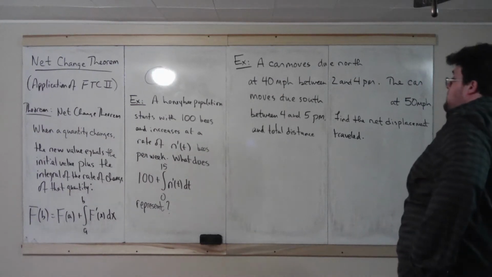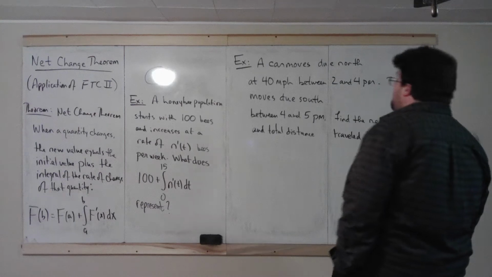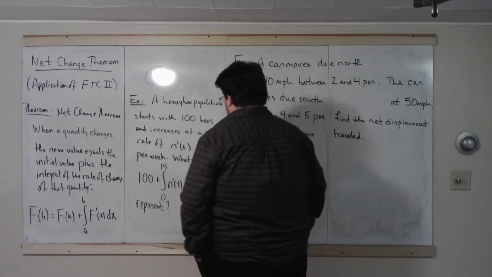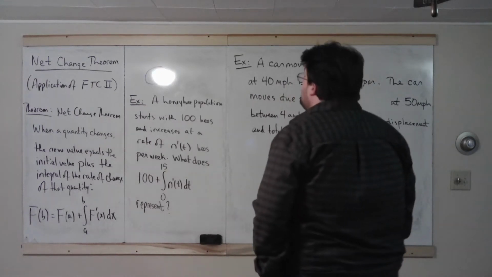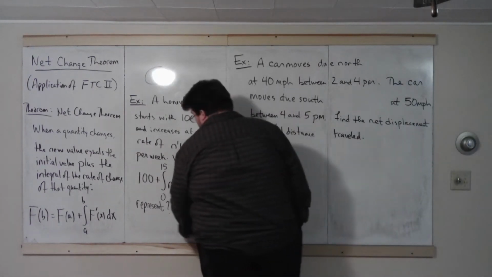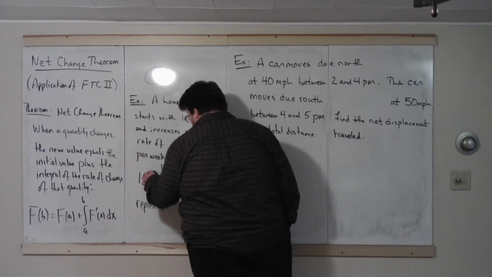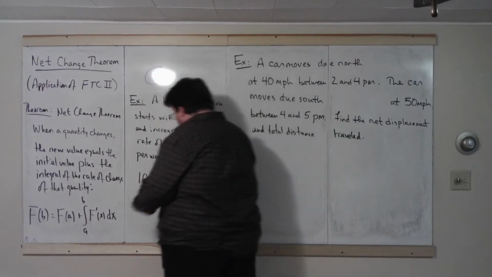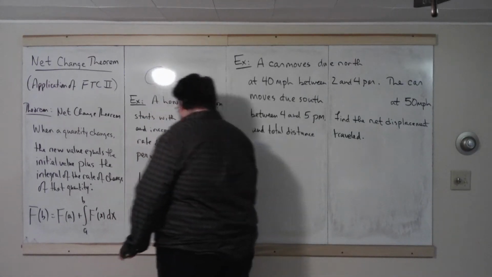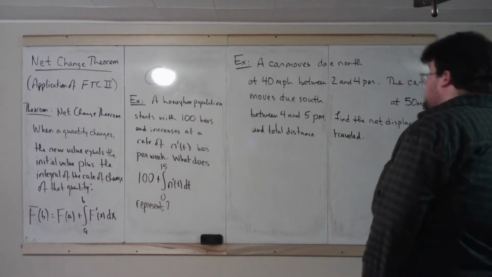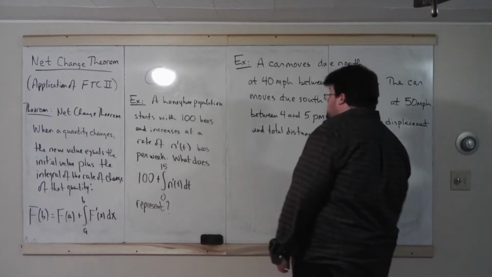Example: a honeybee population starts with 100 bees and increases at a rate of N prime of t bees per week. Great. What does 100 plus the integral from 0 to 15 of that rate of change represent?